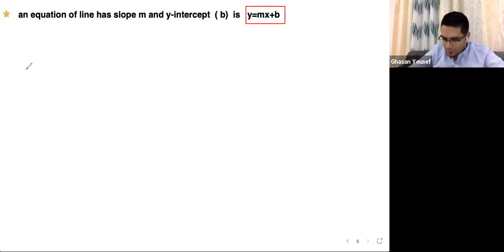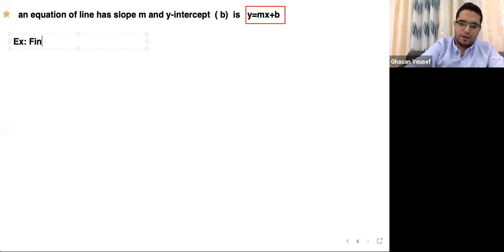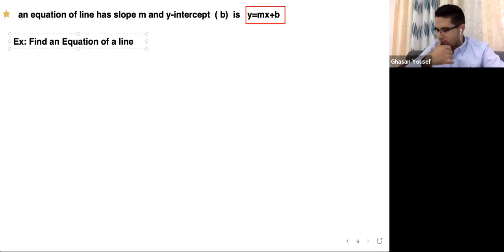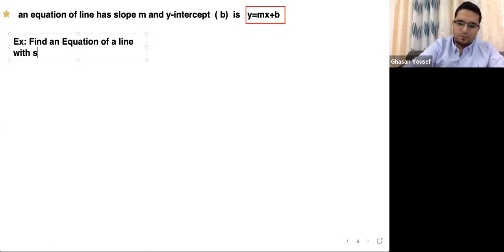Okay, so I'll give you an example for testing. Find an equation of a line with slope 3 and y-intercept of -2.